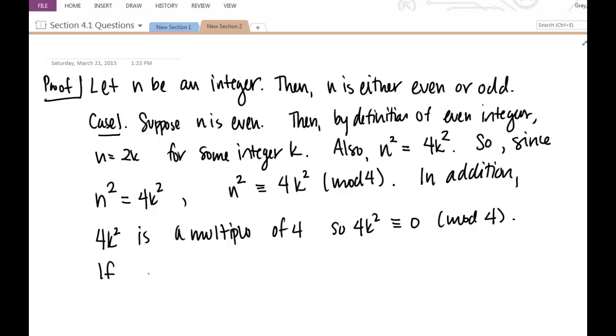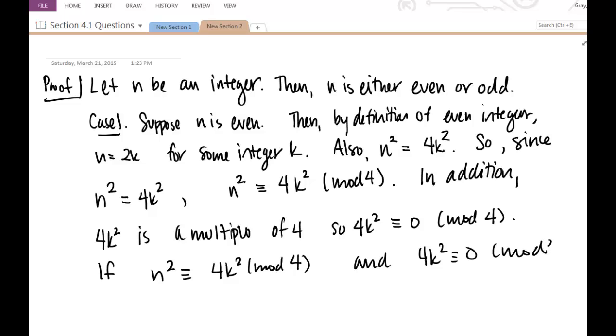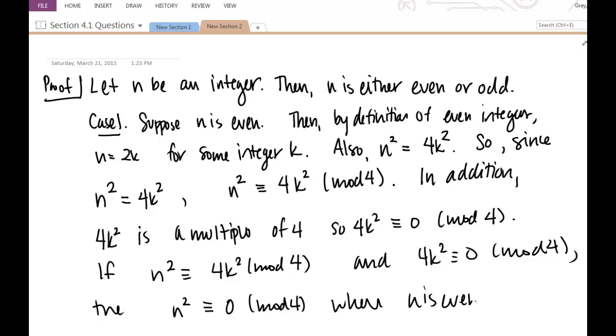If n squared is congruent to 4k squared mod 4, and 4k squared is congruent to 0 mod 4, then n squared is congruent to 0 mod 4 when n is even.